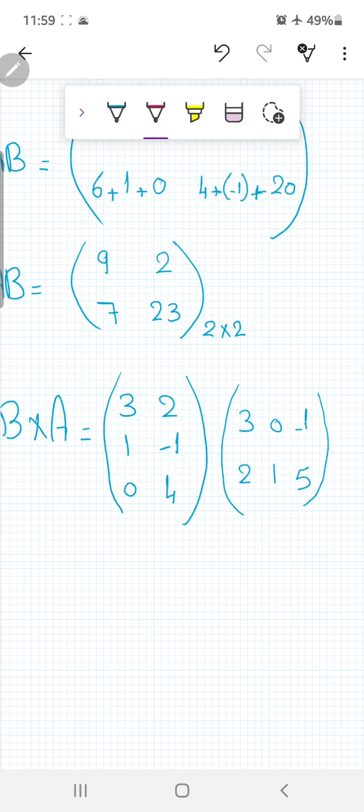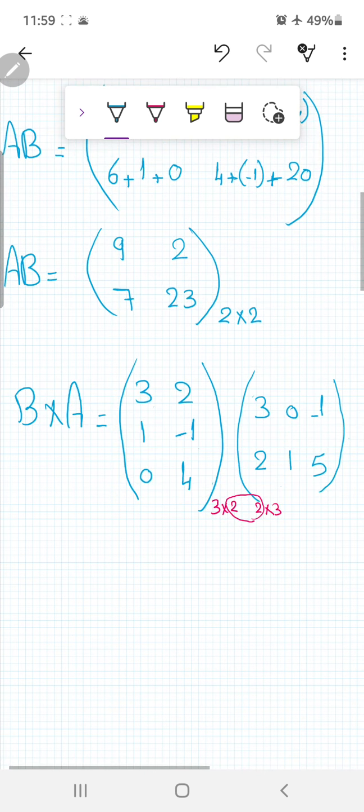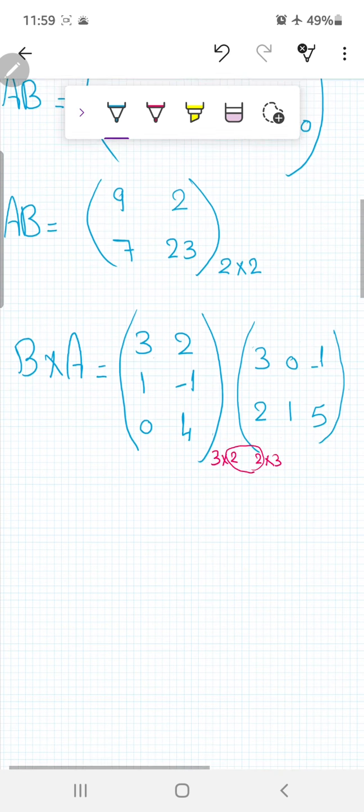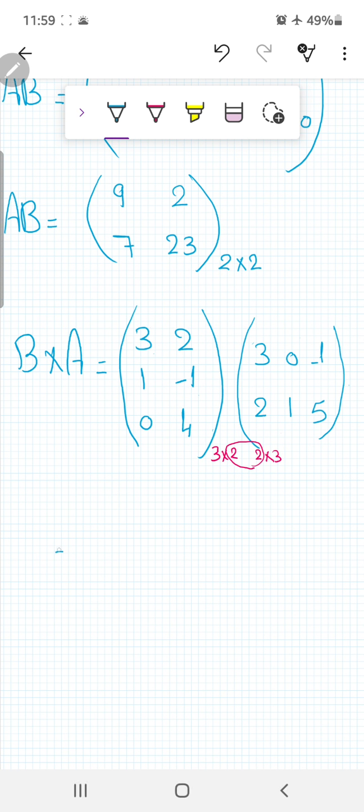Here we have 3 times 2, and here we have 2 times 3. As we said here, the number of columns of the first equal the number of rows of the second. Okay, so open a big bracket. Here, write row in the first matrix and column in the second matrix.